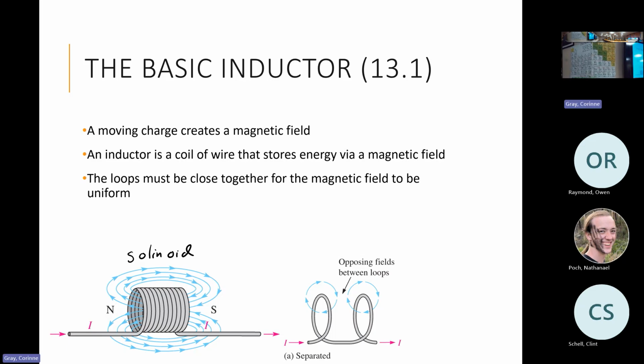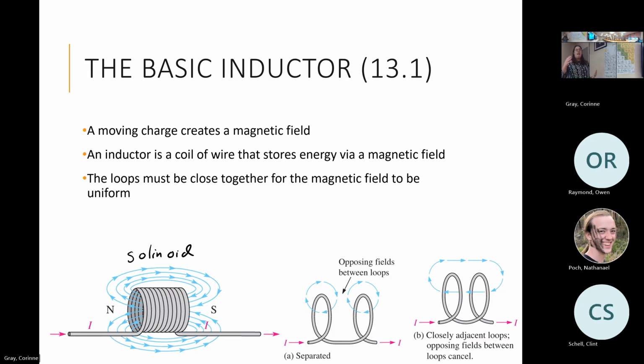With the solenoid, because the loops are close together and because of how many we typically see, everywhere in the center of the solenoid has a constant magnetic field value. Here we have just two loops close together, but in reality we should have multiple loops pretty close together to get these nice uniform magnetic fields inside. Those allow us to have the equations that we'll be talking about today.